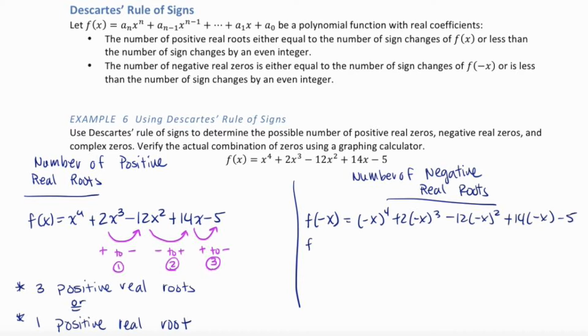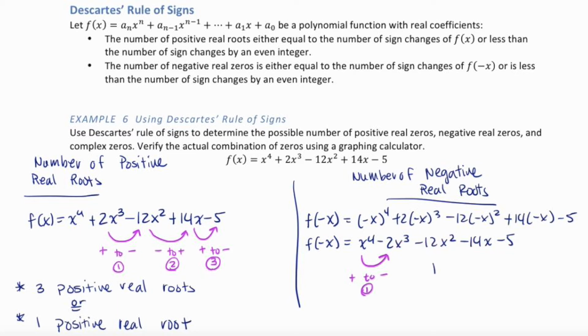So this becomes x to the 4th minus 2x cubed minus 12x squared minus 14x minus 5. And let's see, looks like here we only have one sign change from positive to negative. So this is one sign change. The remainder are all negative.